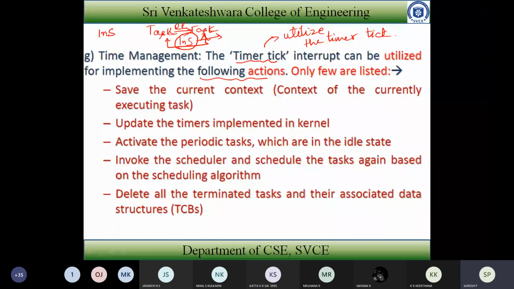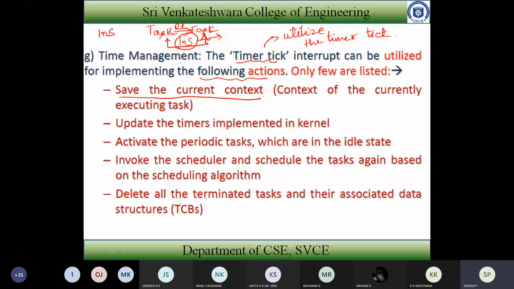Save the current context of the task. At whatever point of time the interrupt has been sent or the timer tick has arrived, that particular part of the current running task has to be saved, at the point where that job is being stopped.